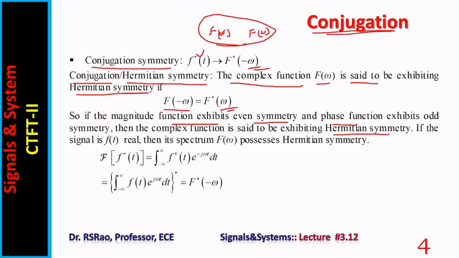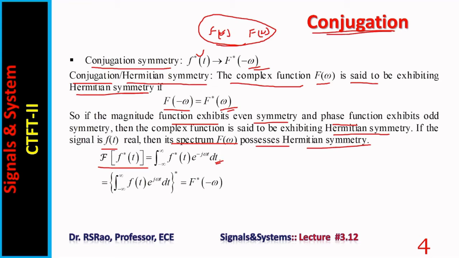If the signal f of t is real, then its spectrum F of omega possesses Hermitian symmetry. It can be proved without much difficulty. Fourier transform of conjugate of f of t is integral minus infinity to plus infinity conjugate of f of t e power minus j omega t dt.